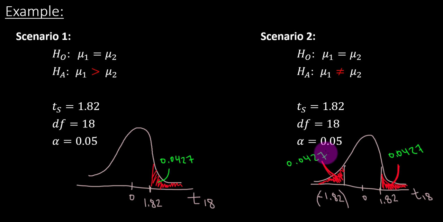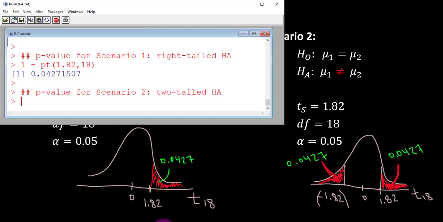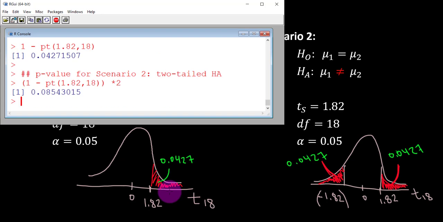So the p-value in scenario 2, we need to add both of those up. R, please do that for me. I'm going to take our previous result and multiply it by 2. But of course, I need to put our previous result in parentheses. Our answer should be about 0.08.